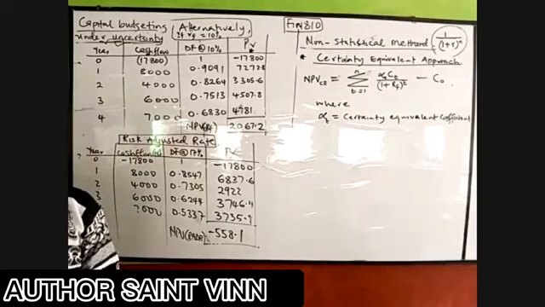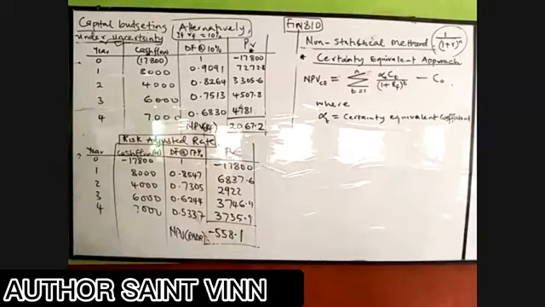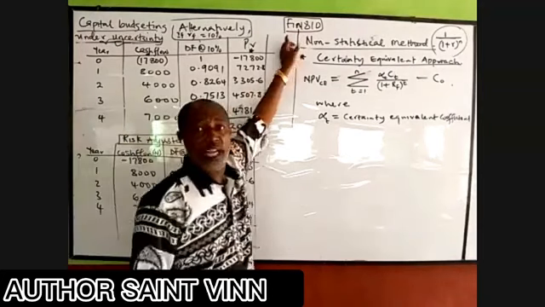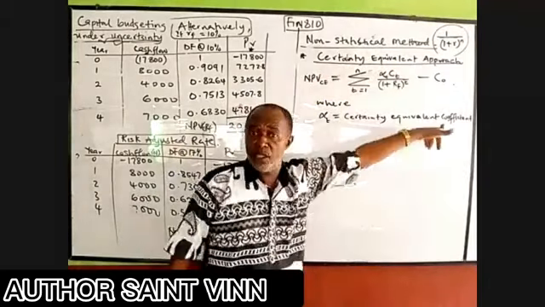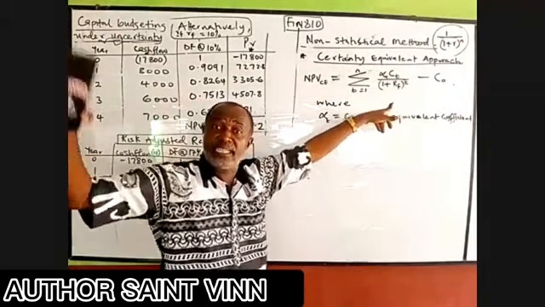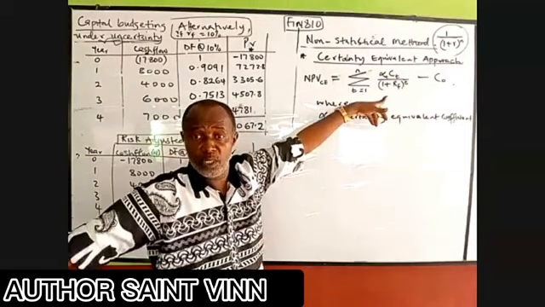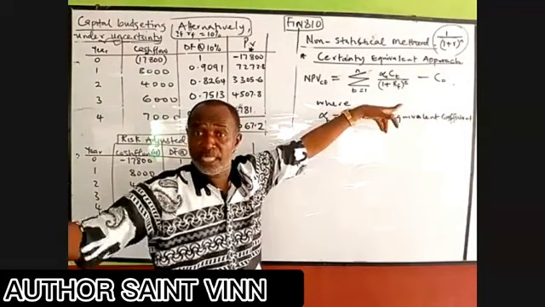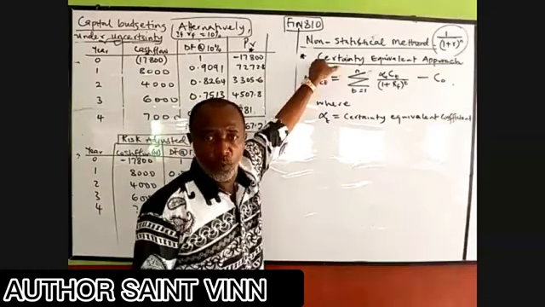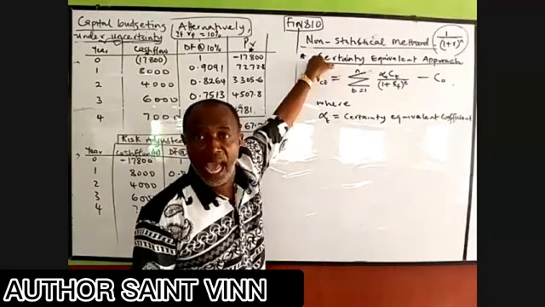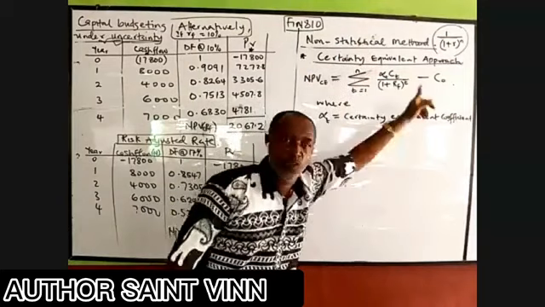Are we ready? The first question was under uncertainty. The second part is the non-statistical method. The one we did last week was the statistical method, the probability-based method. You remember, the one you submitted as assignment. This second one is under non-statistical method.